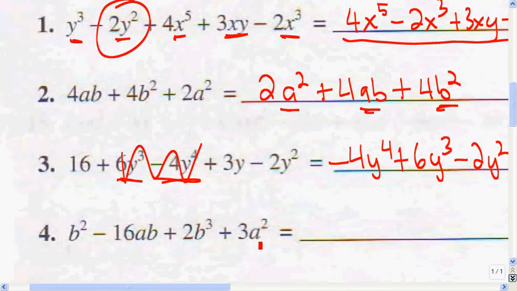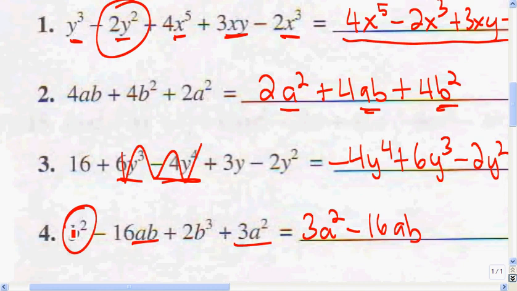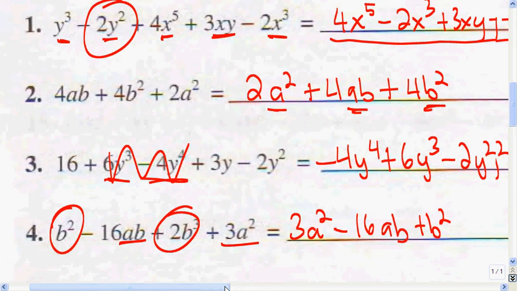So what comes first? The 3a squared, because that's the alphabetical order, right? A comes before any other letter. Then AB comes after A. So negative 16ab. Then we start with the smaller one, right? Plus b squared. And then plus 2b cubed.